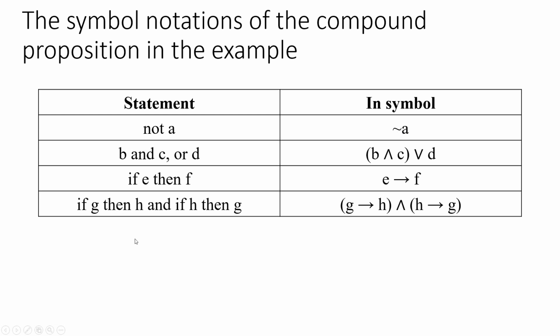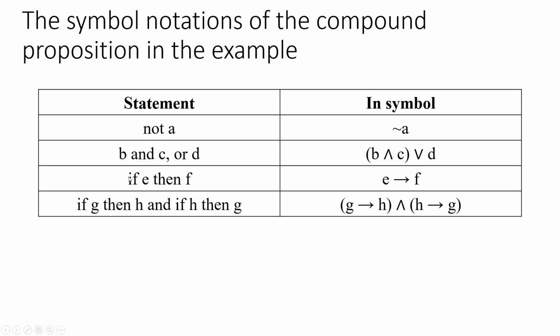Another, the second statement: B and C or D. Take note, the second example of the compound proposition there is logic is fun, logic is interesting, logic is boring. So we have logic is fun and interesting, or it is boring.